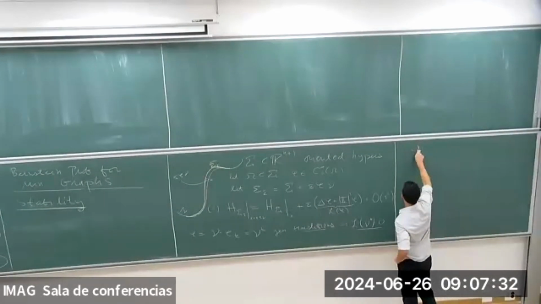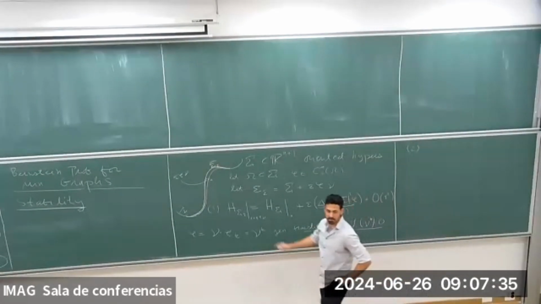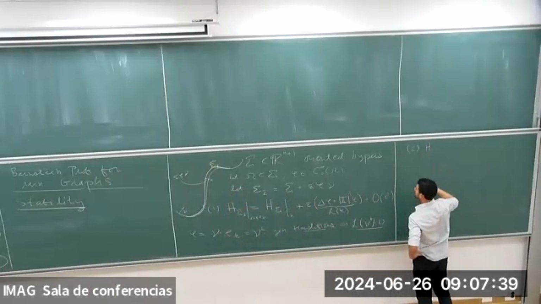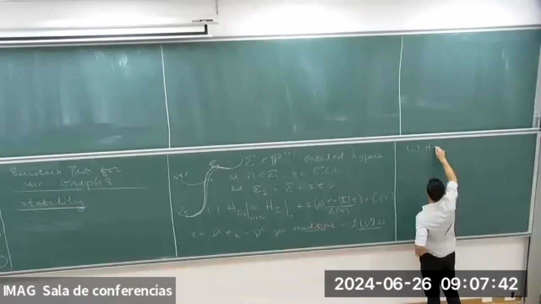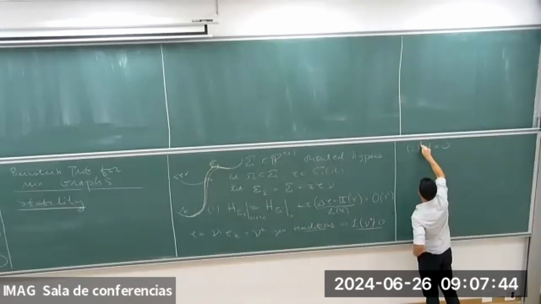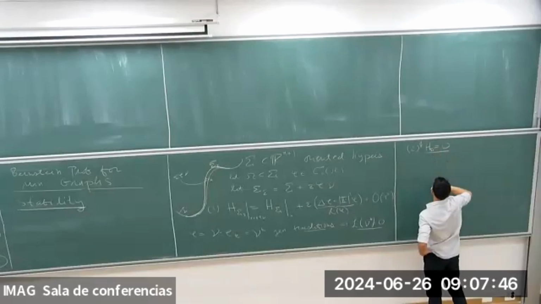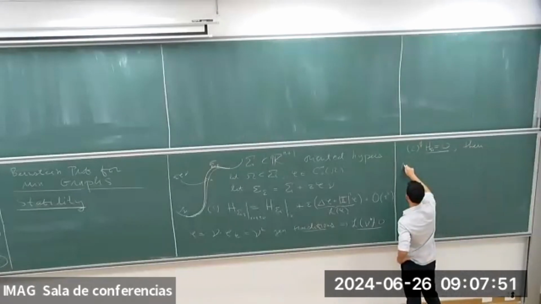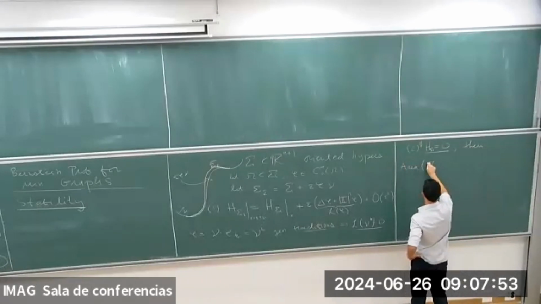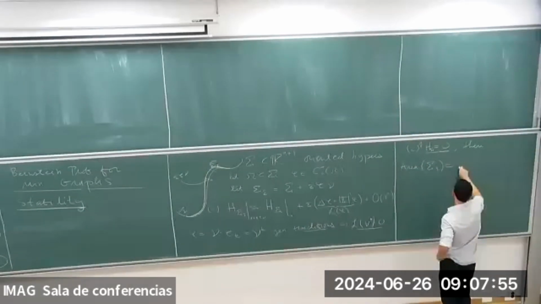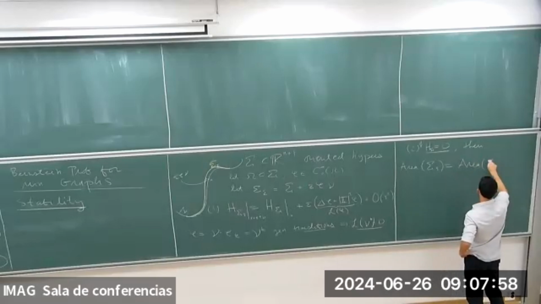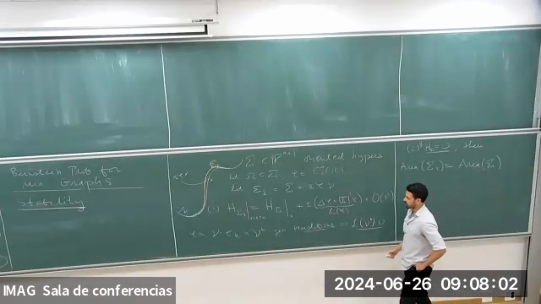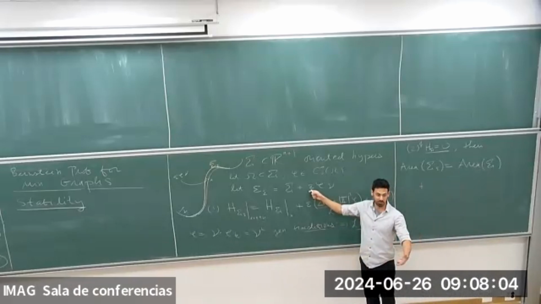Now we'll restrict ourselves to studying minimal hypersurfaces. We'll expand the area to second order. The mean curvature is equal to 0, then the area of the perturbed surface Σ_ε is the area of Σ plus, so there's no term involving epsilon because the mean curvature vanishes.